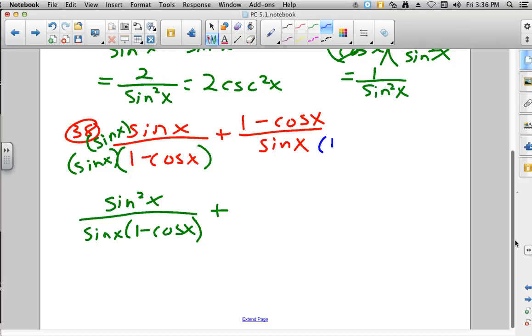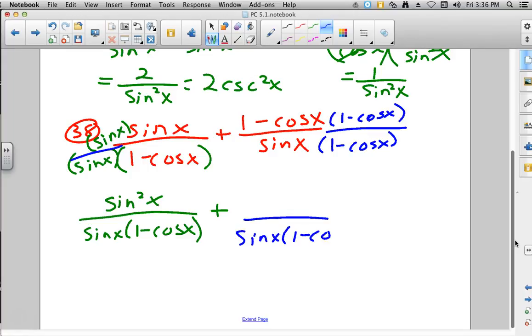And then for the second one, this is where it gets kind of ugly. We're going to have to multiply by 1 minus cosine x on the top and the bottom. And so our denominator, of course, is going to be sine of x and 1 minus cosine of x. But let's go ahead and do a little FOIL action up there on the top and see what we get.